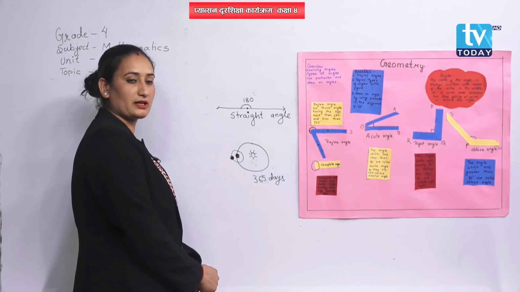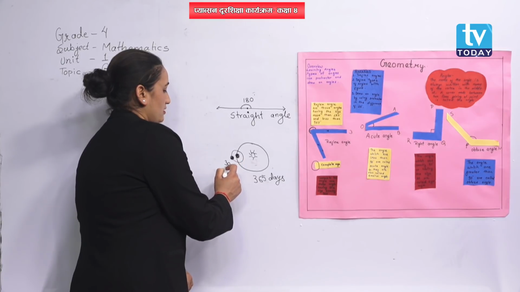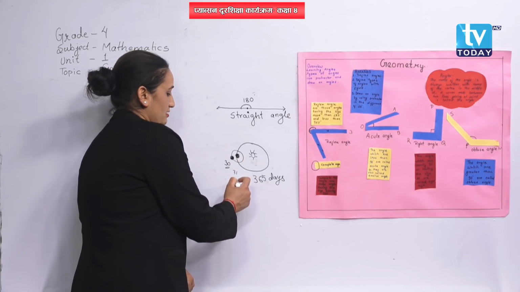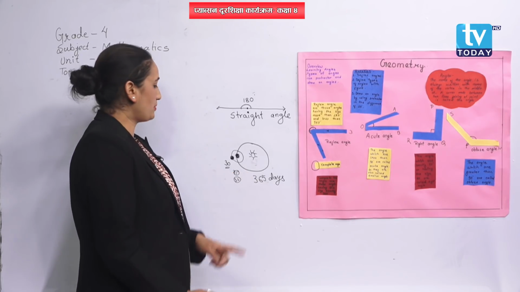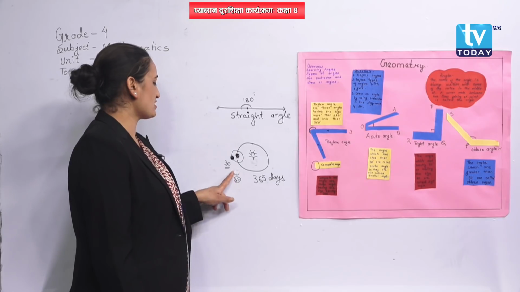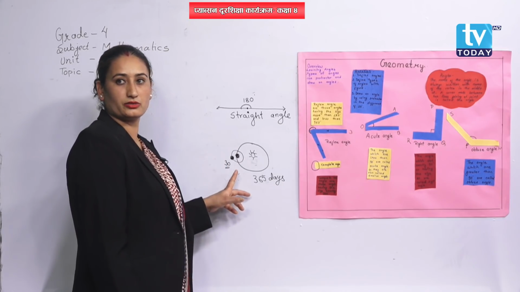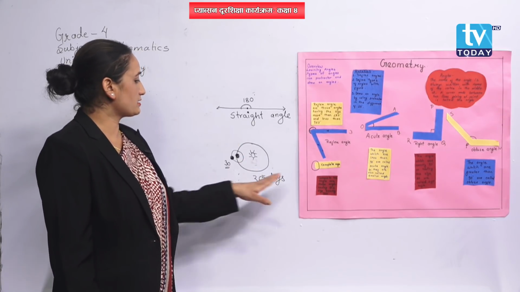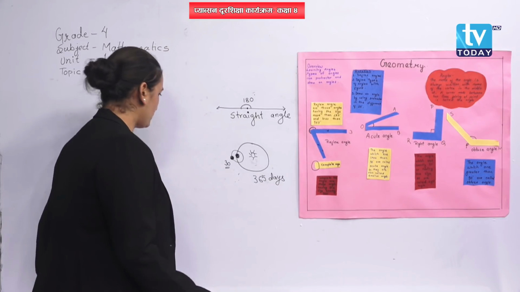It takes 30 to some days 31, some days 32 days, right? But for the year we usually count 30 days to complete the rotation. Then it's one complete turn. It's an example of a complete turn. You can take it from your home as well.